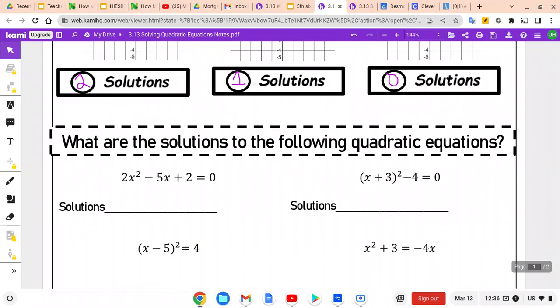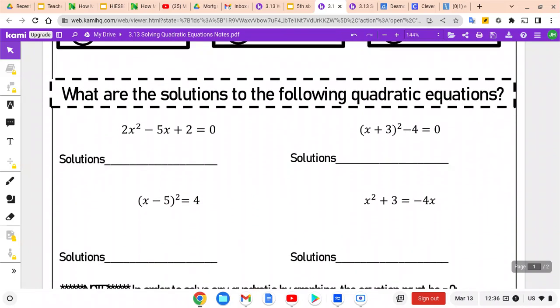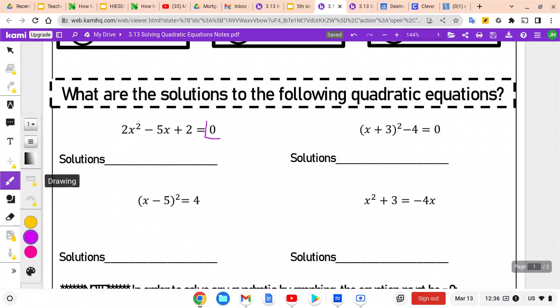So, what are the solutions to the following quadratic equations? Now, we know that normally this is y equals a function, but we're setting y to 0. All right, y is now 0. And where is y 0?